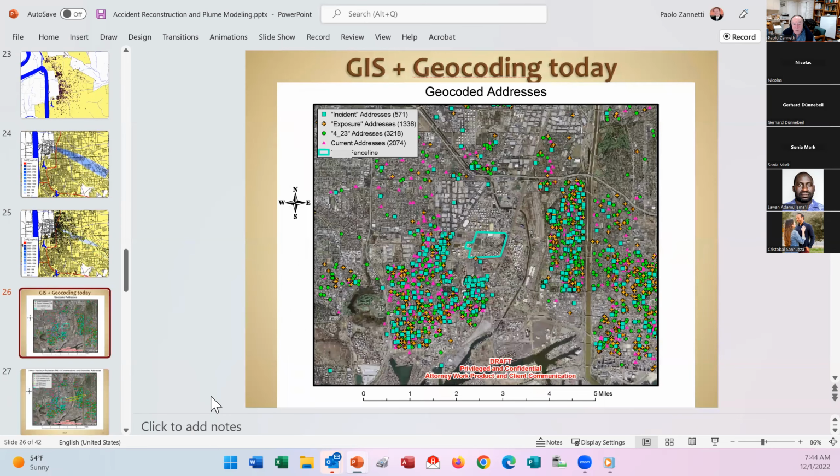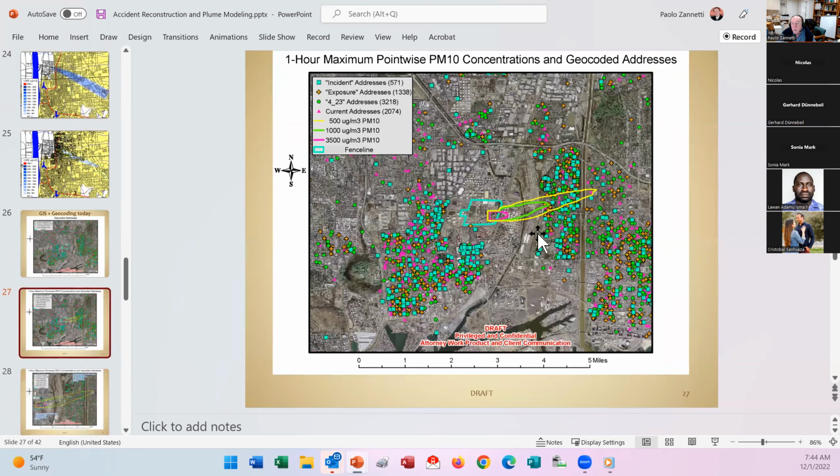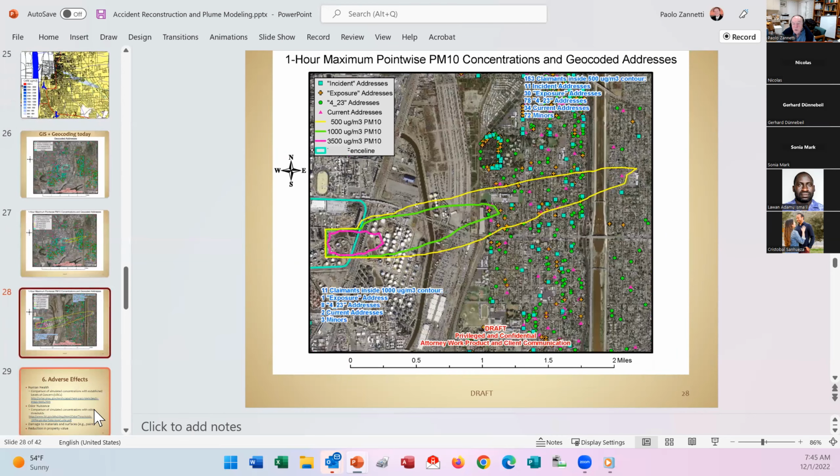This is another example. I already showed you this, where my plume was able to identify exactly those that are inside the plume and those that are not. There's a zoom in of this impact. So this is the way we work. This is the way we operate, especially in litigation.